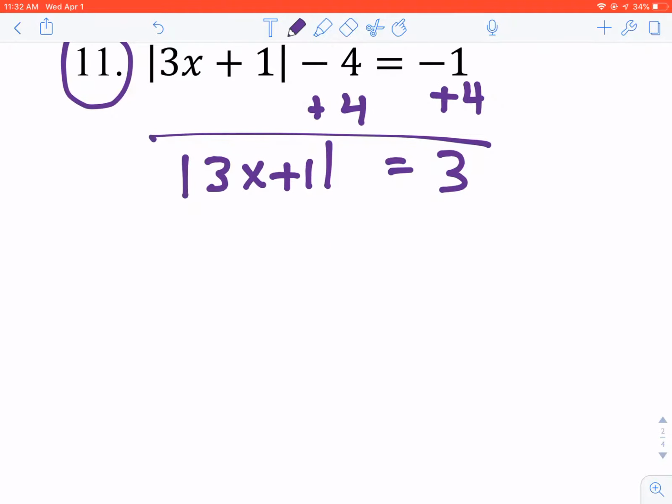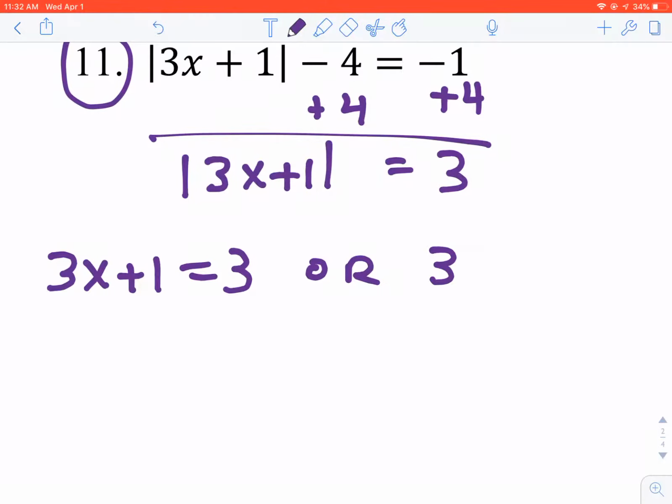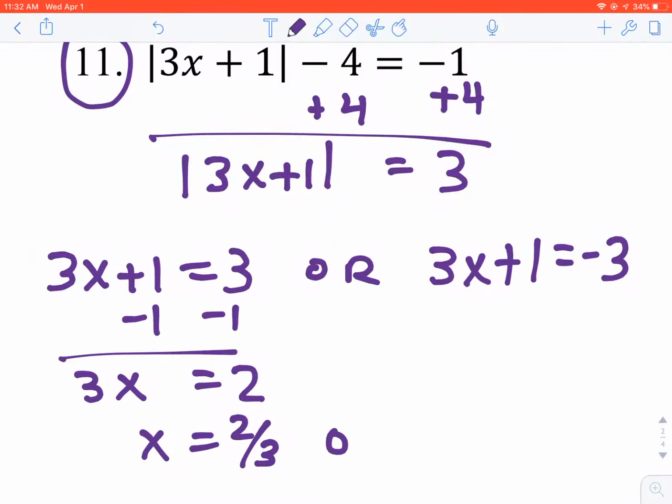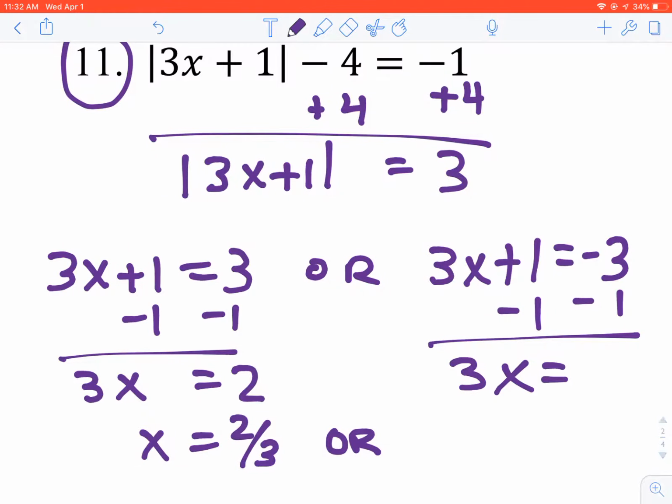So now 3x plus 1 is equal to 3, or 3x plus 1 is equal to negative 3. Right? Subtract 1. So 3x is equal to 2. So x equals 2/3. Or subtract 1, 3x is equal to negative 4, so x is equal to negative 4/3.